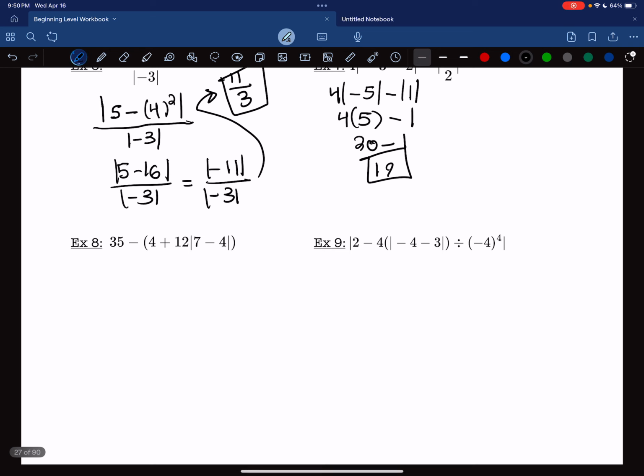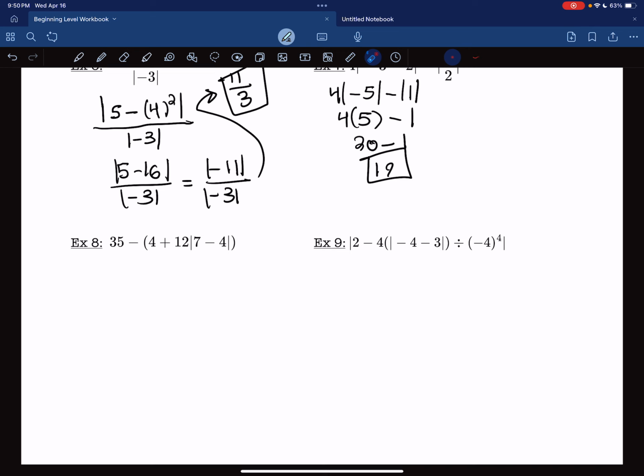And then looking at example 8, we have 35 minus this term in parentheses, which is 4 plus 12 times the absolute value of 7 minus 4. So in this case, we have parentheses. We have absolute value within parentheses.